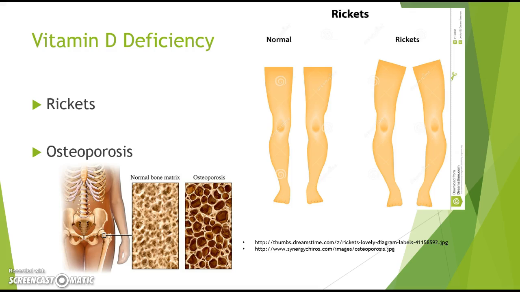Also, what you can see on the bottom left is what we call osteoporosis. This is basically a framework of your bones, showing how thick and how dense your bone is. Basically, think of how strong your bones are as well. So on the left side, you have your normal bone matrix. It has a little bit of a honeycomb shape, but every part of it looks pretty solid, pretty strong, not many holes in there.